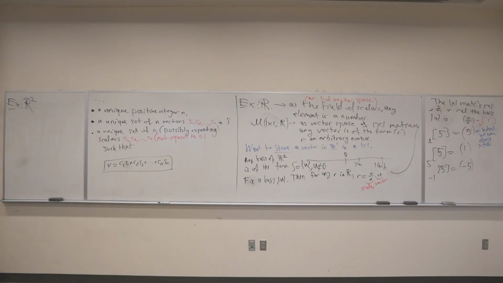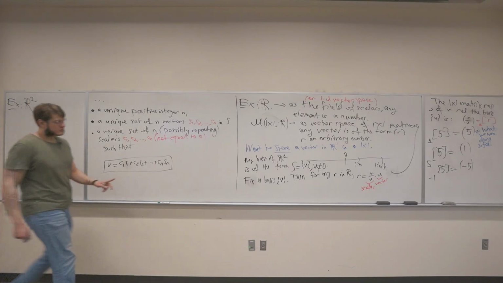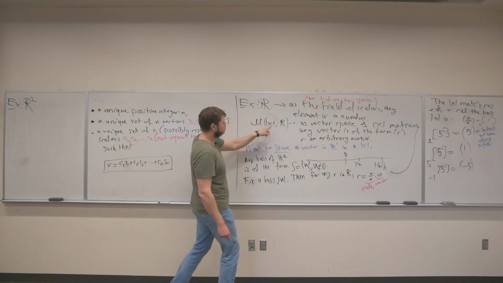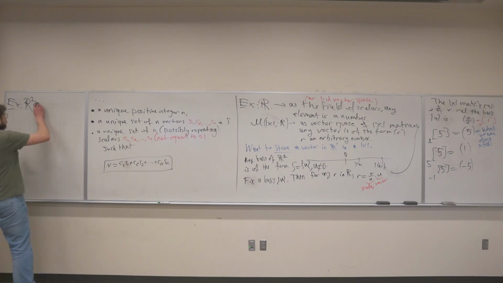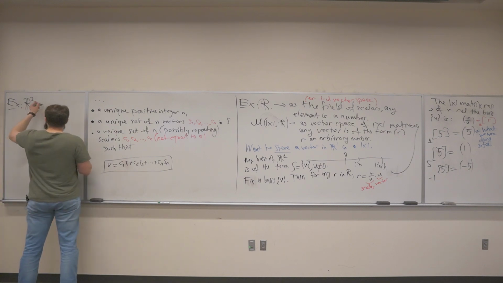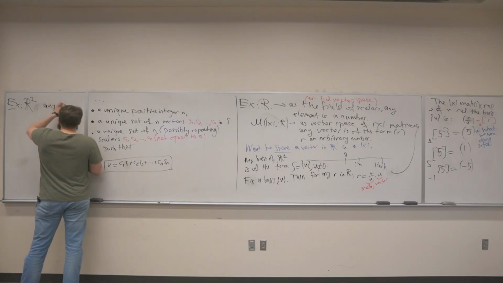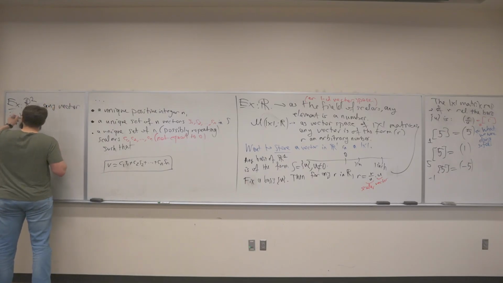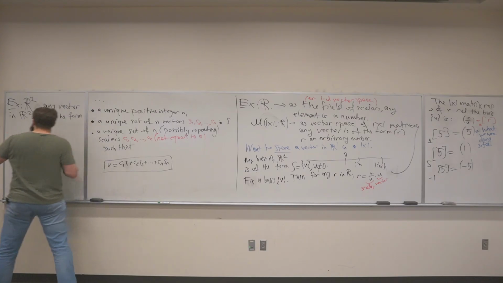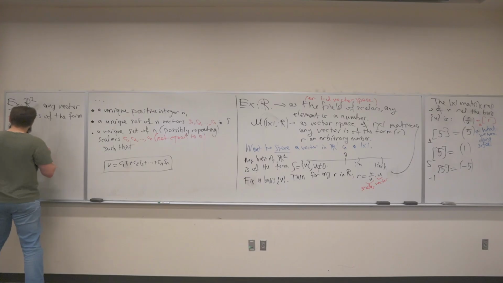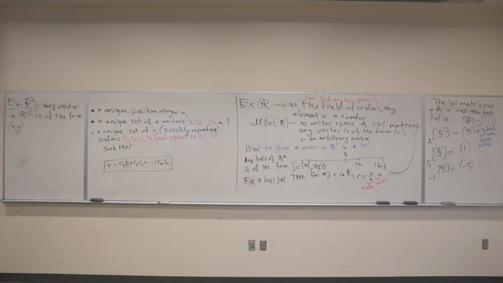R2. Now, I don't want to think of this as a space of 2 by 1s, so that would be M of 2 times 1. When I see this, I want to think of this as the space of pairs of numbers. So any vector in R2 is of the form x comma y, for two numbers, two scalars x and y.